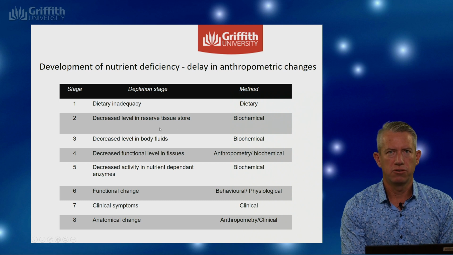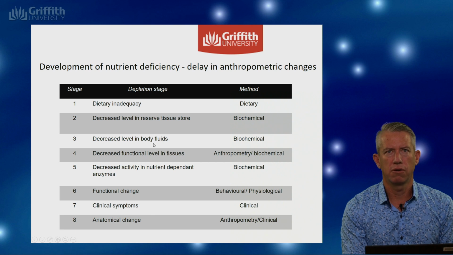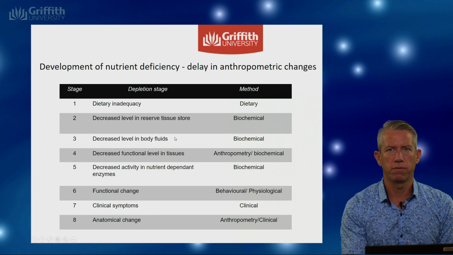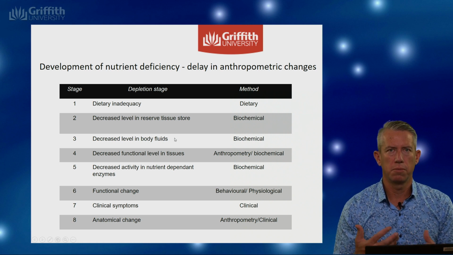That will then lead to, more commonly, a decreased level of reserve in tissue stores, which we may be able to pick up biochemically, and possibly also a decreased level in body fluids, although many body fluids are regulated by some fairly close homeostatic mechanisms.